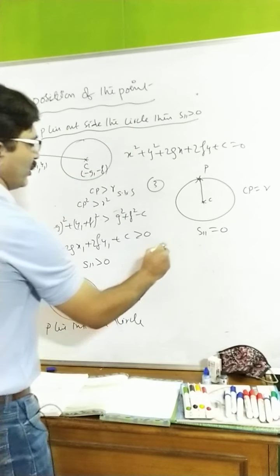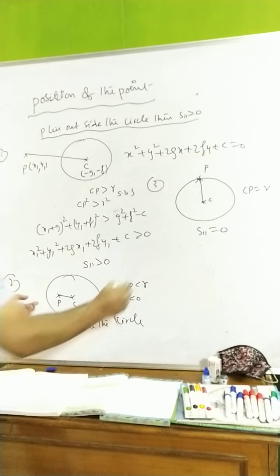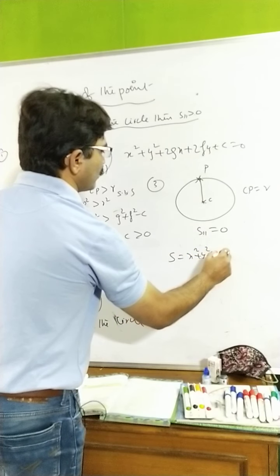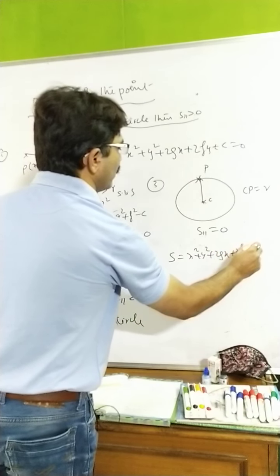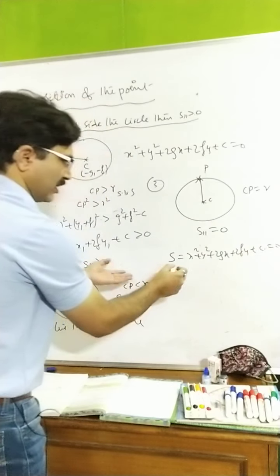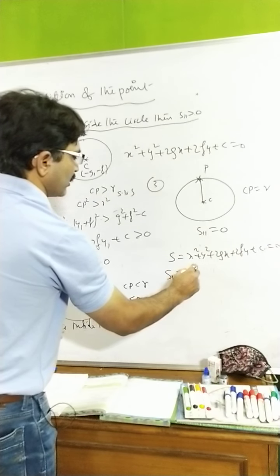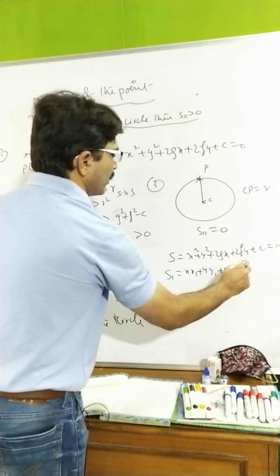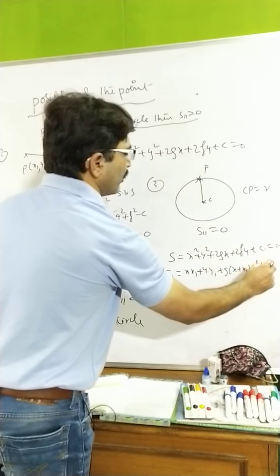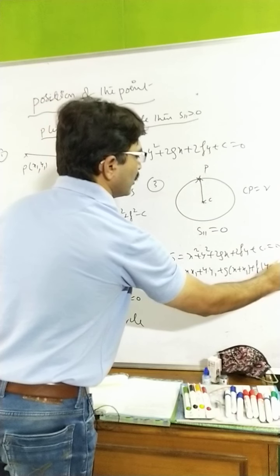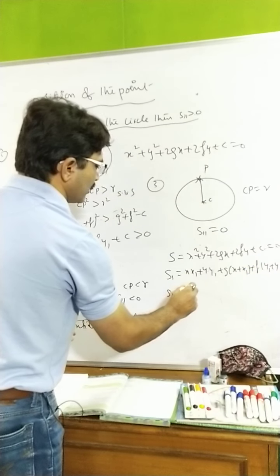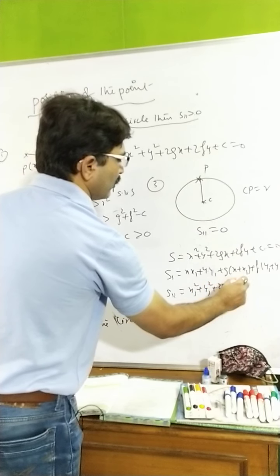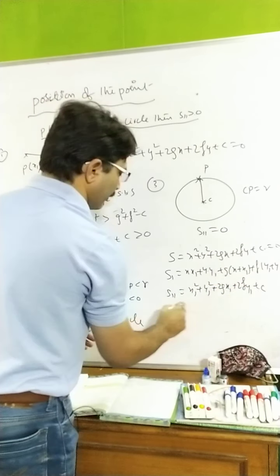Now here you may have a doubt: what is S11? Very simple. S is x square plus y square plus 2gx plus 2fy plus c equal to 0. We can say S1 means xx1 plus yy1 plus g into (x plus x1) plus f into (y plus y1) plus c equal to 0. S11 means x1 square plus y1 square plus 2gx1 plus 2fy1 plus c.